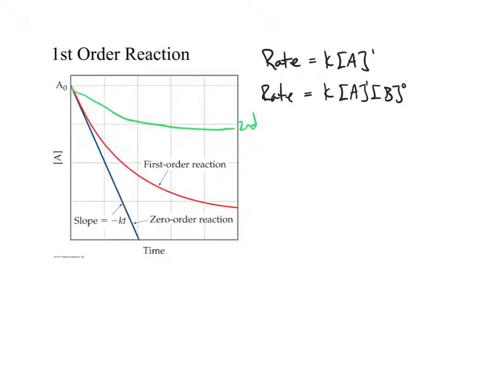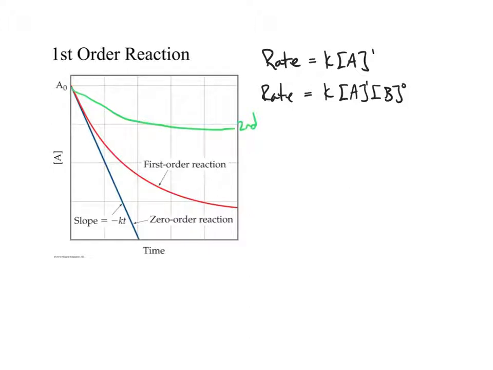Now, if I took the first order graph, the first order curve in red here, I could figure out the slope of the line by taking the derivative. But I don't really want to do that. Again, I'm going to shy away from calculus concepts and instead just talk about algebra concepts and what you need to know to understand this on a surface level.